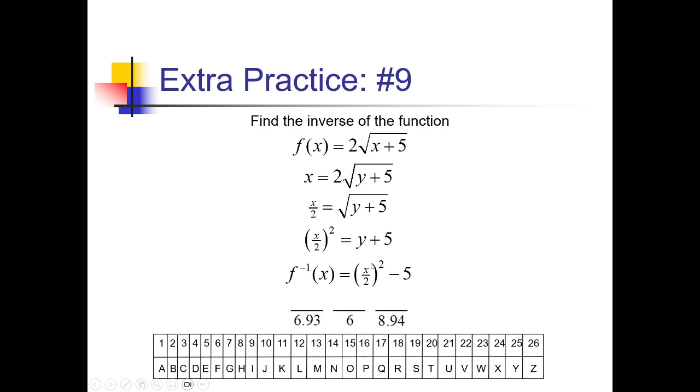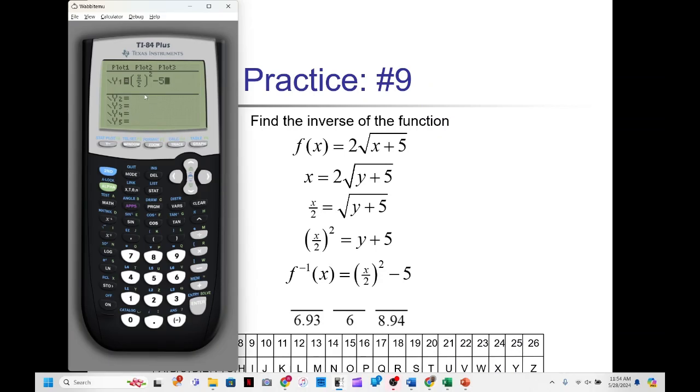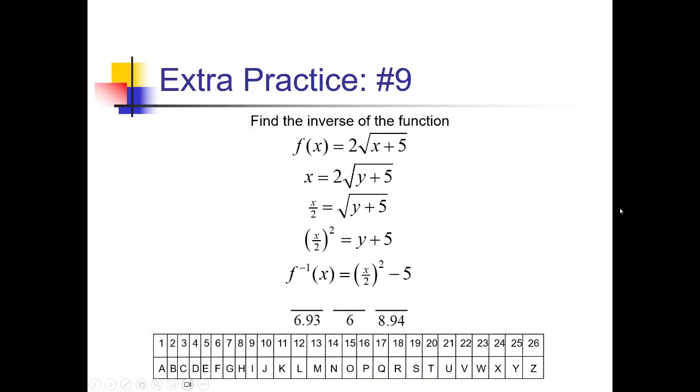All right, so let me plug x over 2 quantity squared minus 5 into my calculator. So there is the inverse function itself plugged into my y1. Now let me go to the table and just enter these numbers here. So 6.93, 6, and 8.94 gives me a 7, a 4, and a 15. 7, 4, 15.